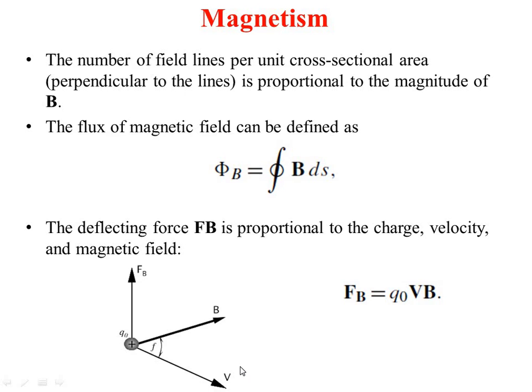The deflecting force FB is equal to Q0 into V and B, or you can simply say FB is equal to Q0 VB into sine phi. Phi is the angle between the velocity and the magnetic field.